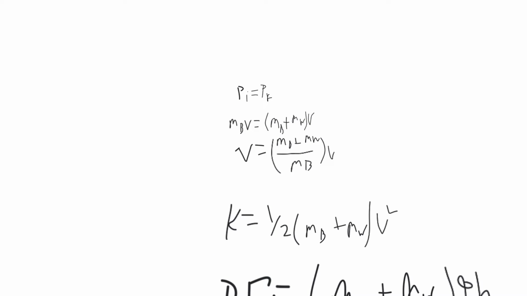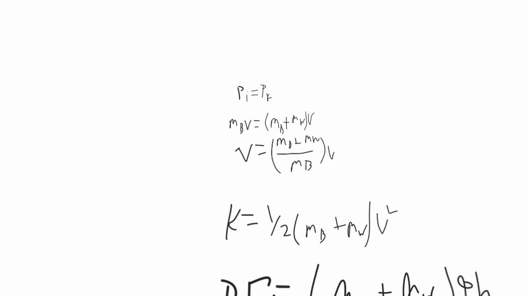Now, to find the speed of the bullet, we just do this. The momentum, mass times velocity, is going to be equal to the mass of B plus the mass of W times the velocity.